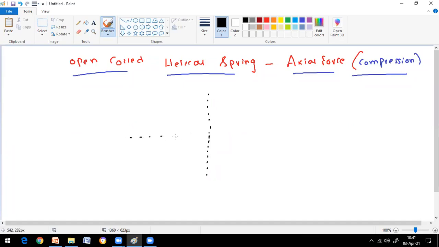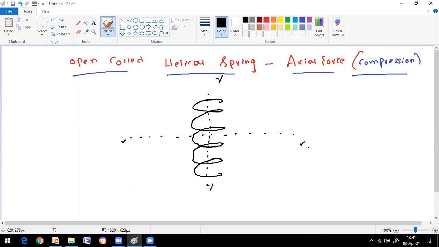So let us take the axis, which is a Y axis, and X axis. Okay.